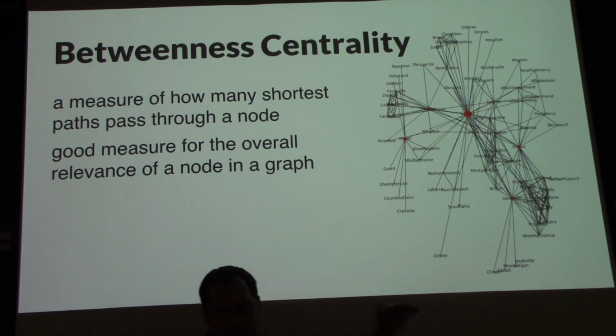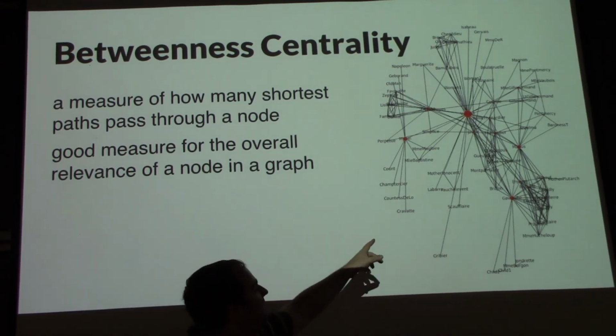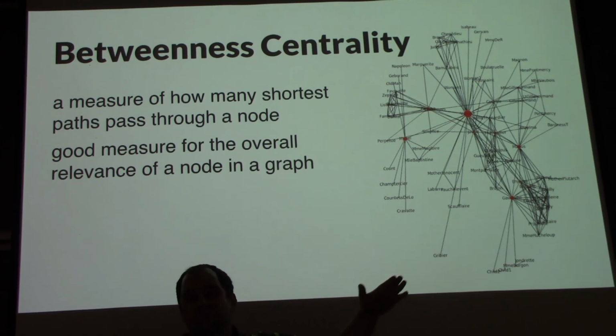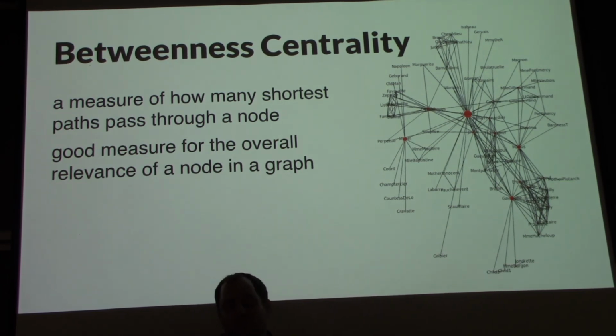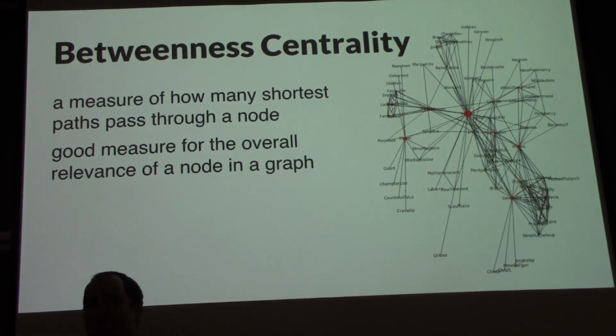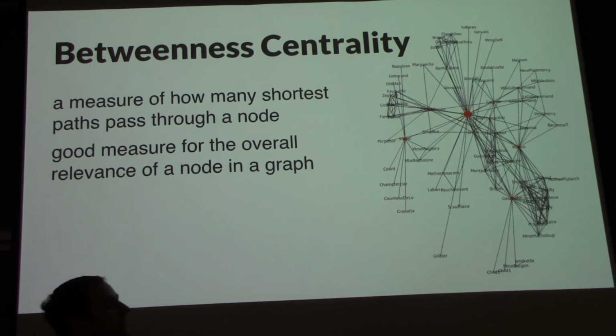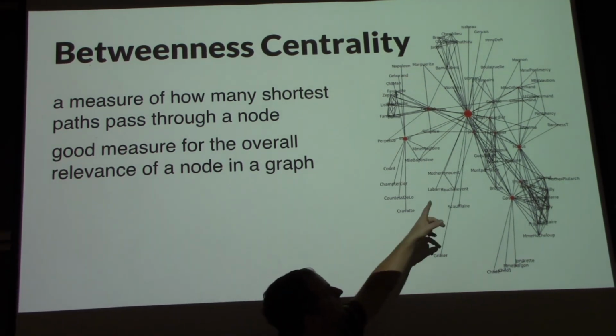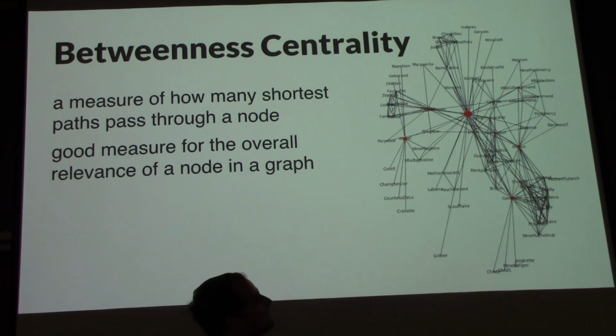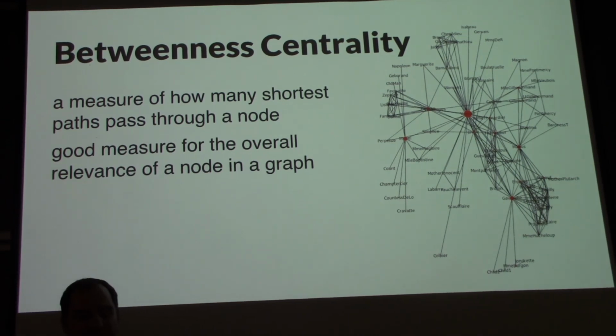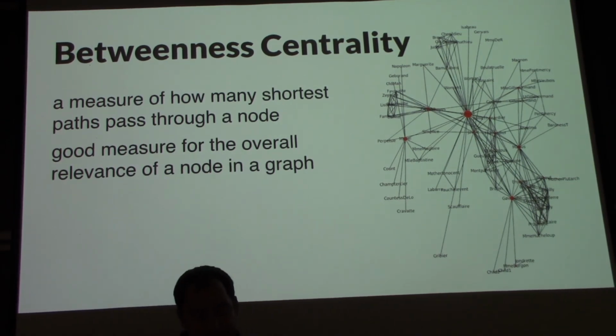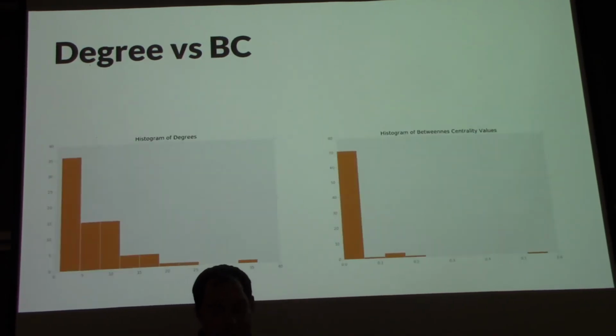How betweenness centrality works is, for every node to every other node, I look for the shortest path, and then I keep track of how many shortest paths go through a certain node. You can see the nodes here are sized by the betweenness centrality, and there are a lot of shortest paths that go through Valjean. So this is a good measure for the overall relevance of a node in the graph.